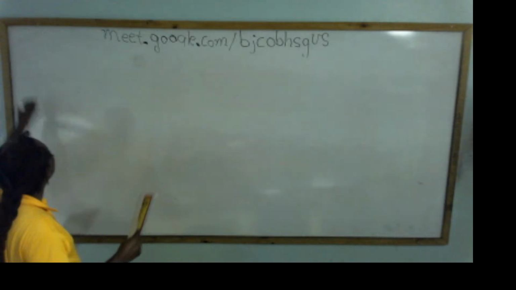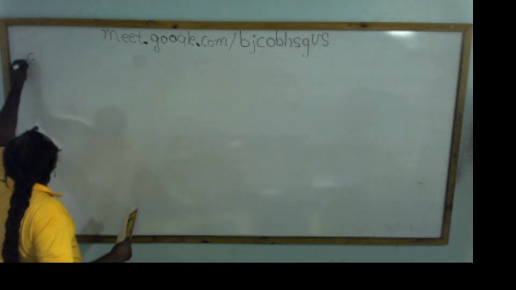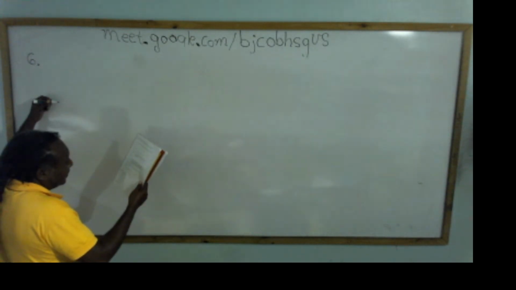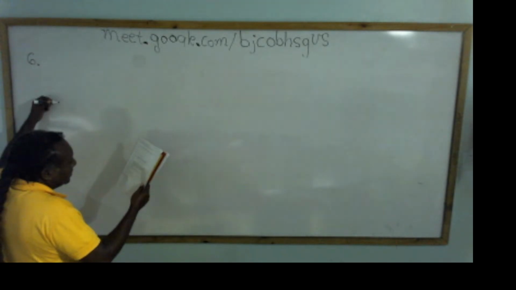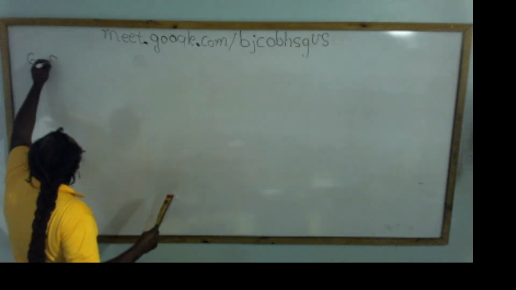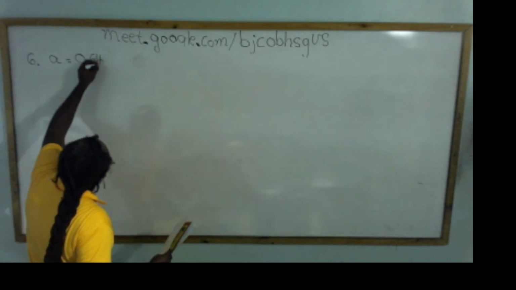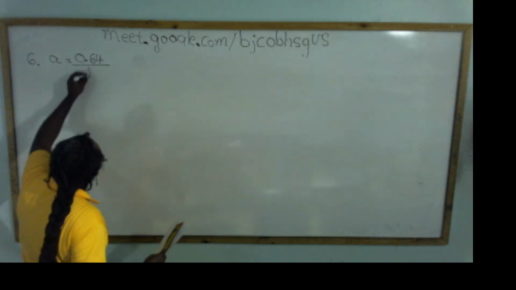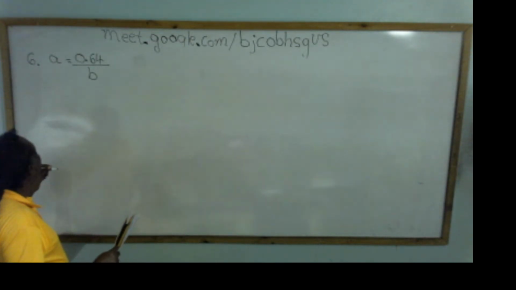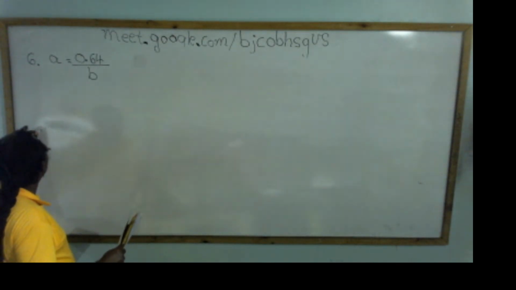Nice. Number 6. A is equal to 0.64 over B. Maybe 7 here.